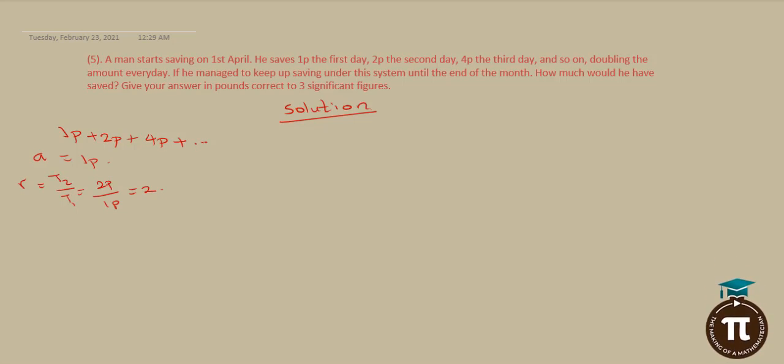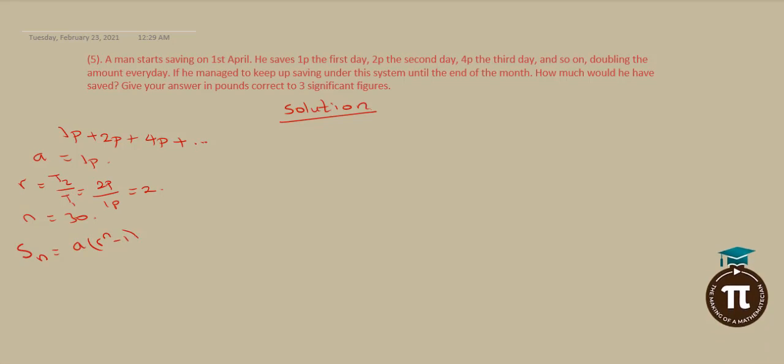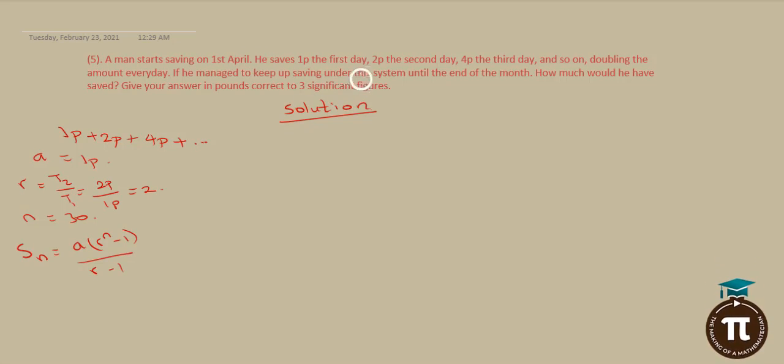And we want to find the sum of the first 30 terms. n is 30 because April has 30 days. r is 2, which is greater than 1, so we use Sn equal to a (r raised to power n minus 1) all over r minus 1. That is what we are going to use to find the amount he saves at the end of the month. So S30, that is the sum of the first 30 terms.